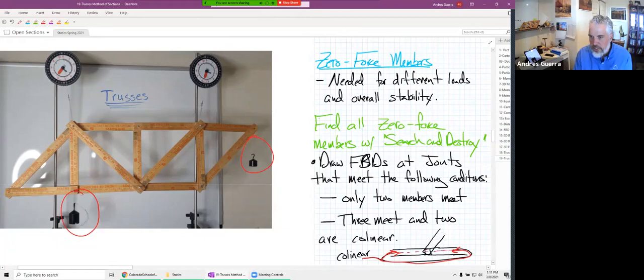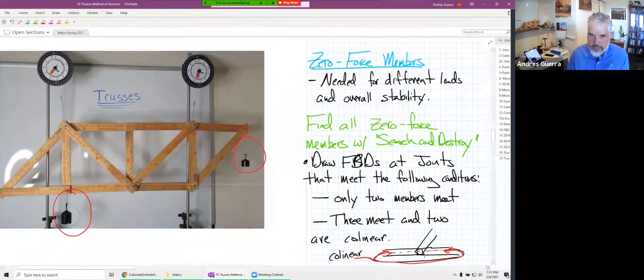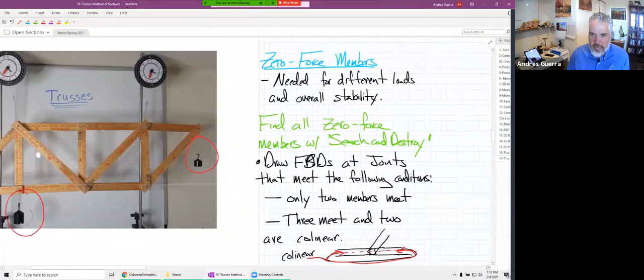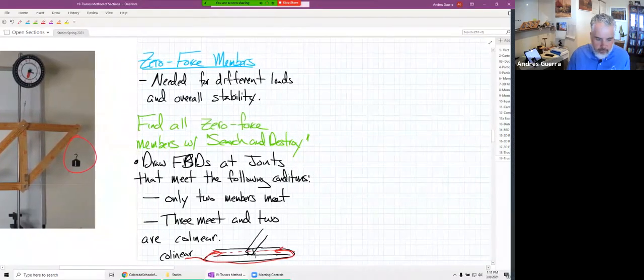It just means they're in the same line. So then we draw the FBD and use equilibrium in the X and the Y and see if any of those are specifically equal to zero. We're specifically looking for something to say, yes, it is exactly equal to zero.